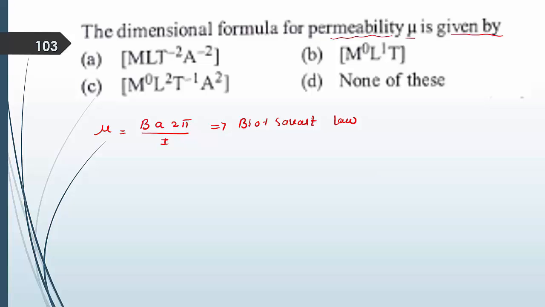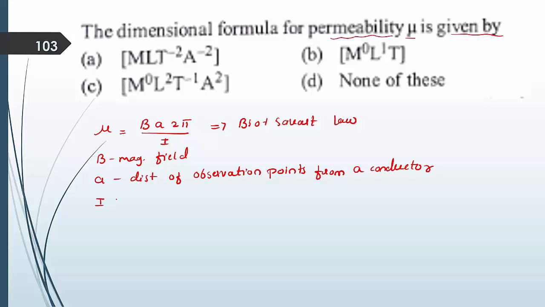In magnetism, moving charges and magnetism, you studied about Biot-Savart's law. I am going to utilize this equation to find its dimensional formula. Remember here B indicates magnetic field, A indicates distance of the observation point from a conductor, and I is electric current.